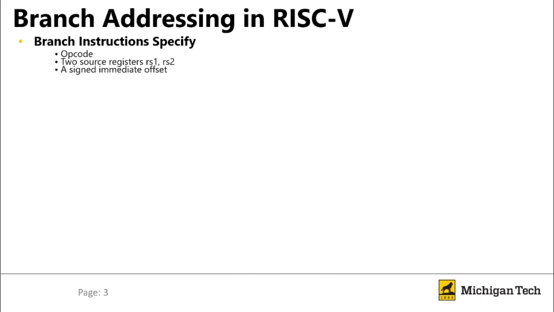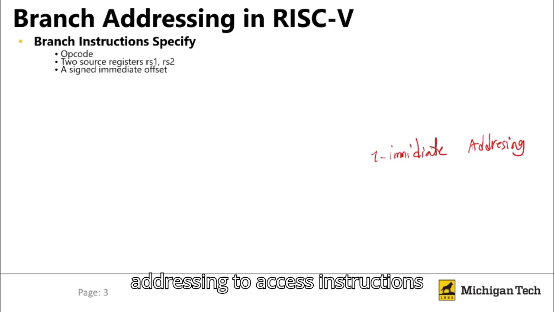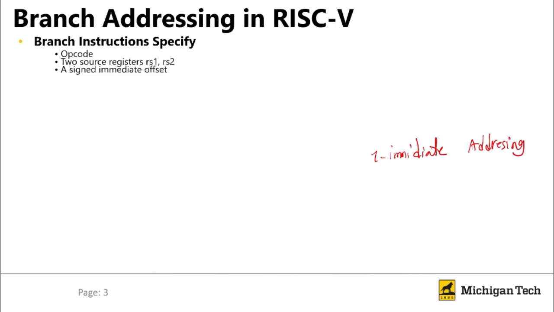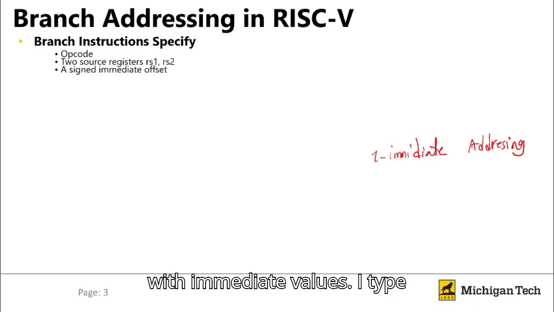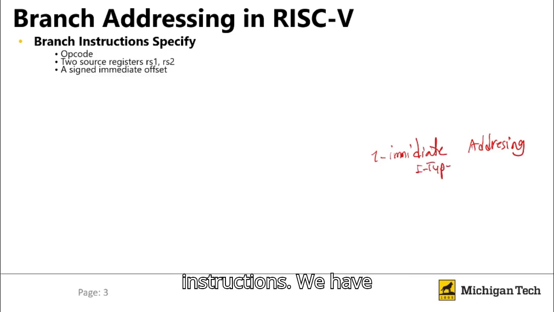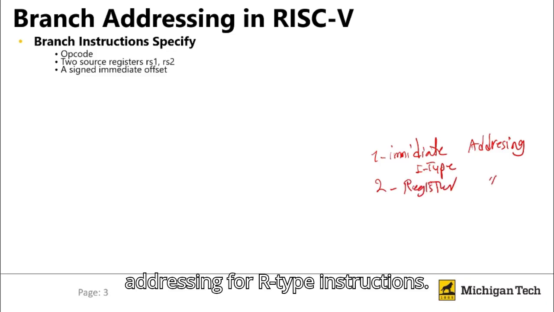So we have immediate addressing to access instructions with immediate values, I-type instructions. We have register addressing for R-type instructions.